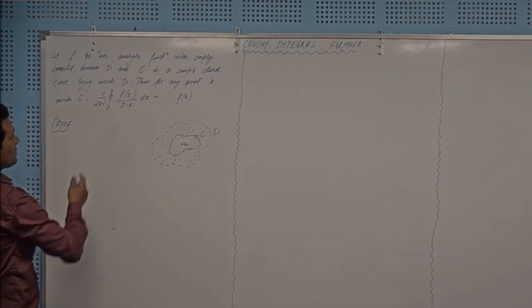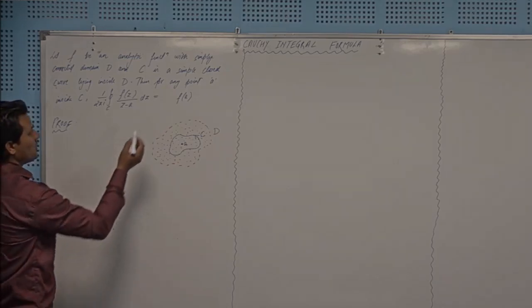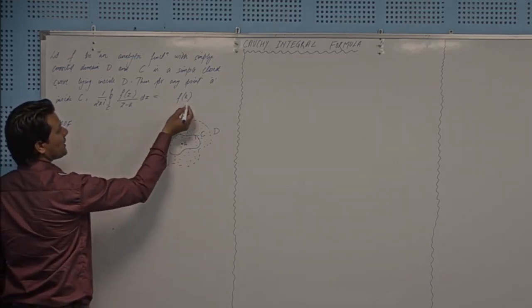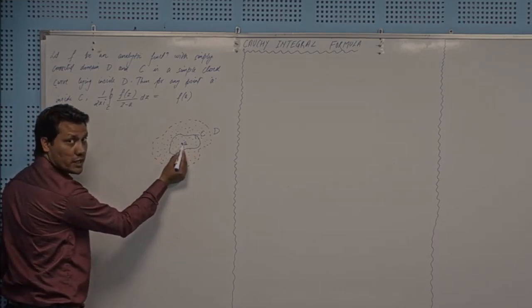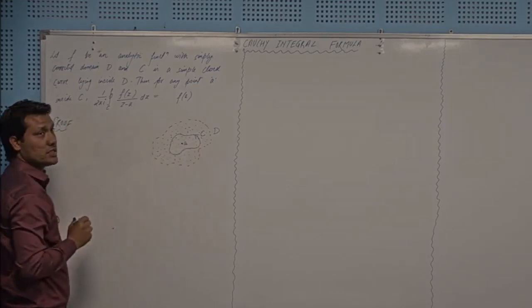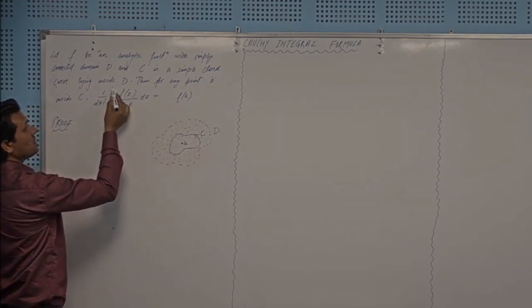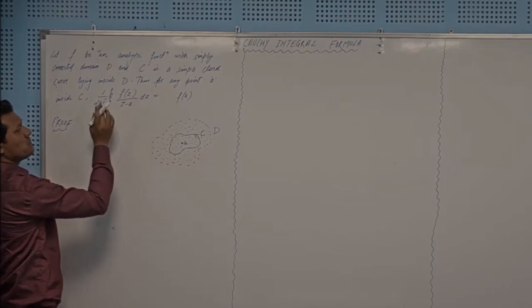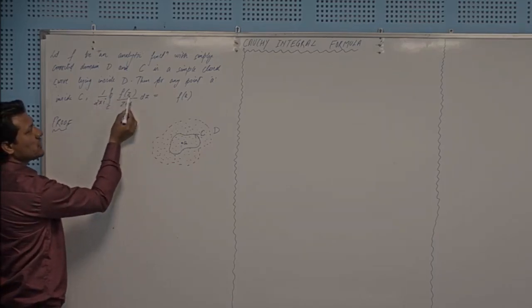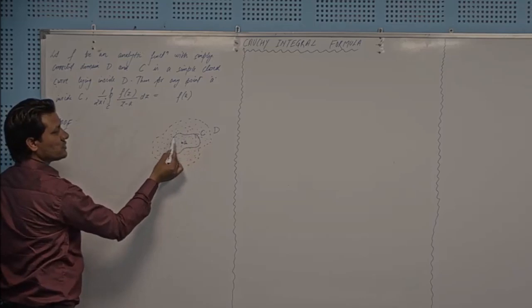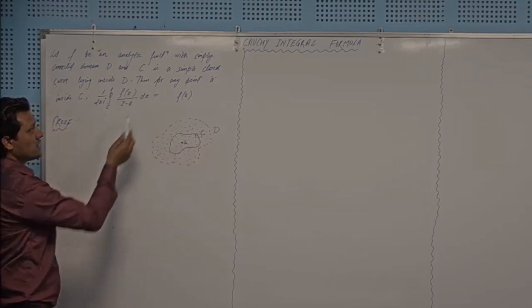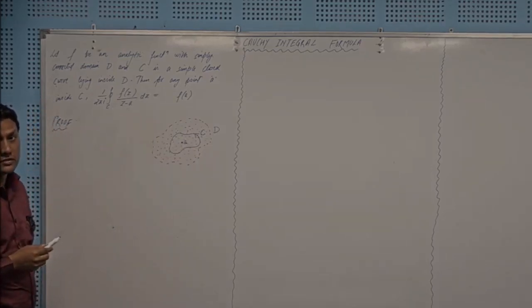Then the formula says that the value of the analytic function at the point z equal to a, which lies inside this closed curve C, is actually given by the constant 1 upon 2 pi i multiplied by the integral of the function over the boundary of the curve divided by z minus a, and then integration will give the value of the function, right?